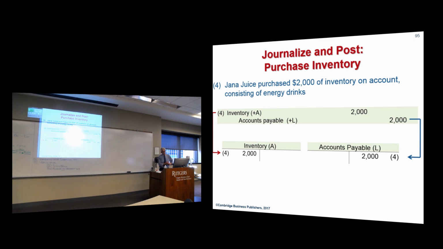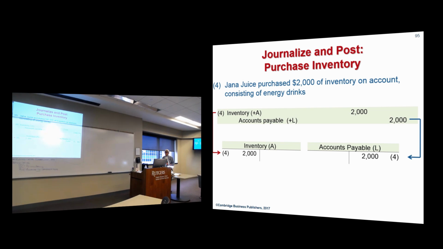We're buying inventory on account, so you're increasing the asset inventory by a debit, which goes to the left, or the margin, and the number goes to the left. Accounts payable is the credit that gets indented. Notice again the notation: increase asset, increase liability. And then when we post those, transaction 4 goes to the inventory account as a debit and accounts payable as a credit. So any questions there?